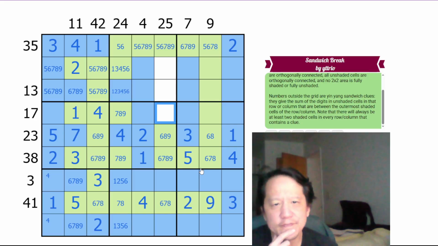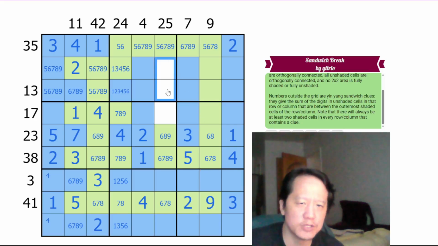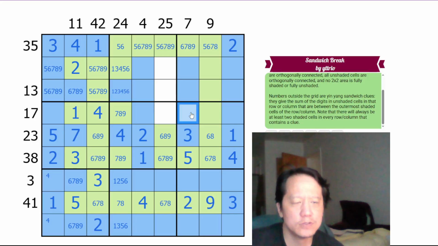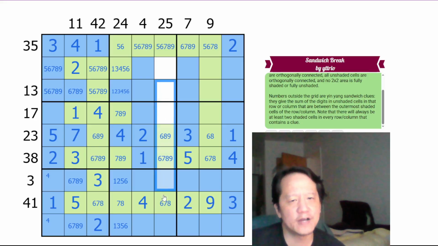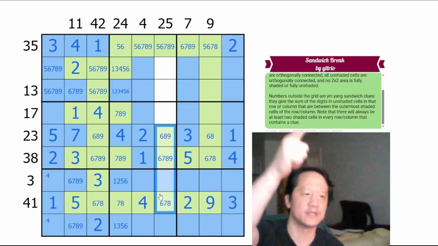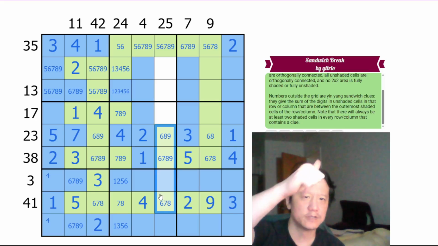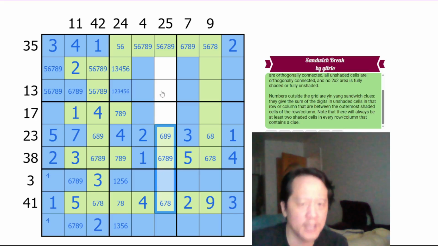With one, oh, it's between the blues. So if we had blue here, this would have to be green, green, and that would be too many digits, right? Yes, too many digits. You'd have 5 digits with 3 of them being 6, 7, or 8 at minimum. So this cannot be blue.